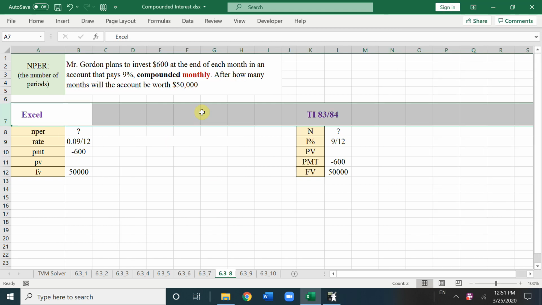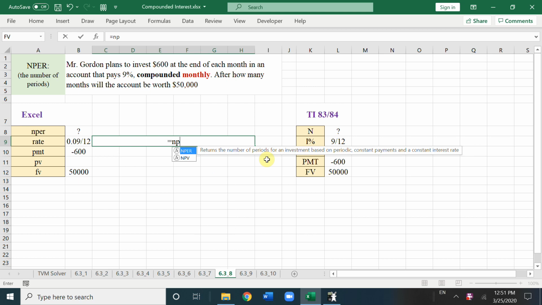Next one, compounded monthly. A year has 12 months. So here we need to divide the rate by 12 in NPER. The period answer you will get is for months. If you want to change it to years, you need to divide it by 12.